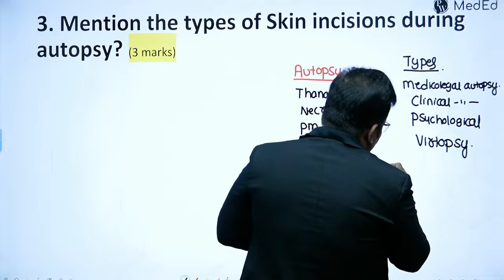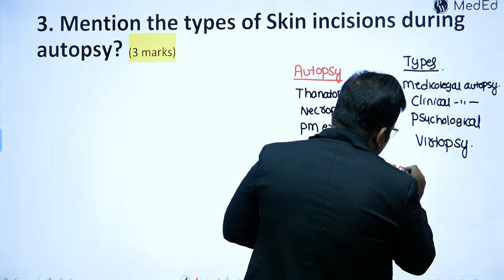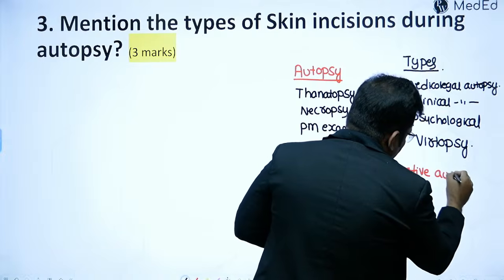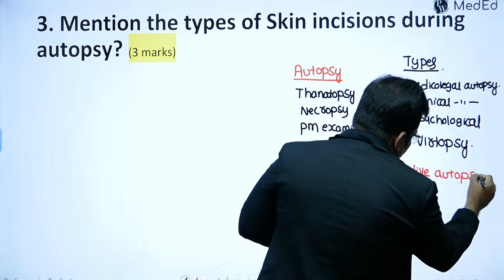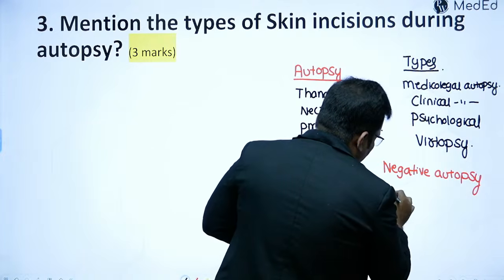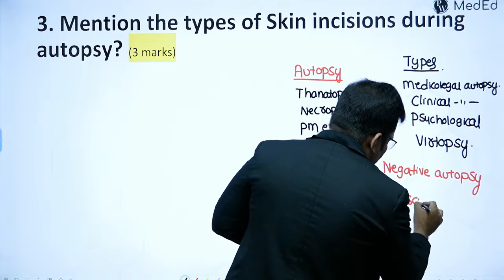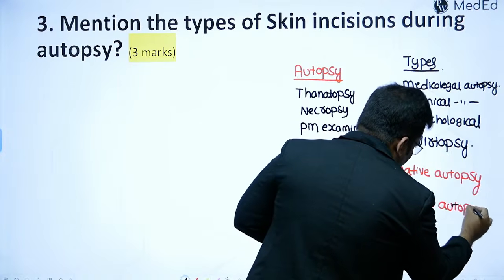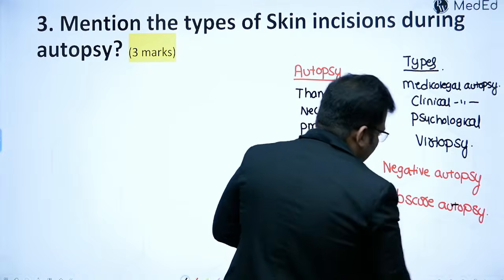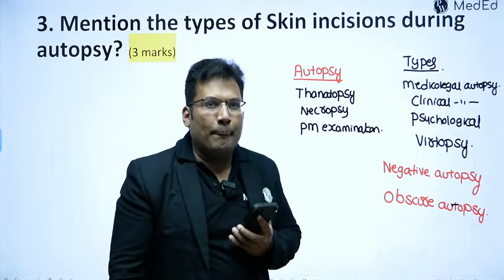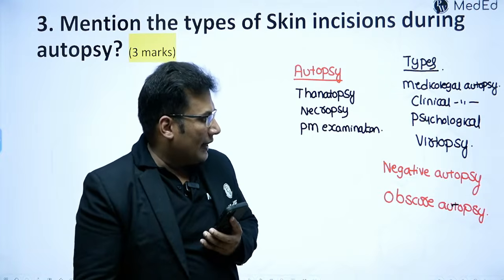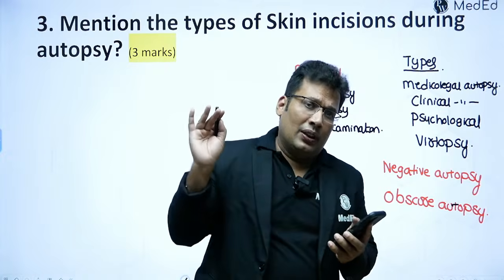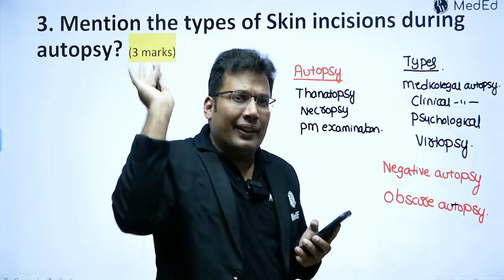Then come 2 more important, commonly asked questions: what is negative autopsy, and obscure autopsy? Negative autopsy means negative.